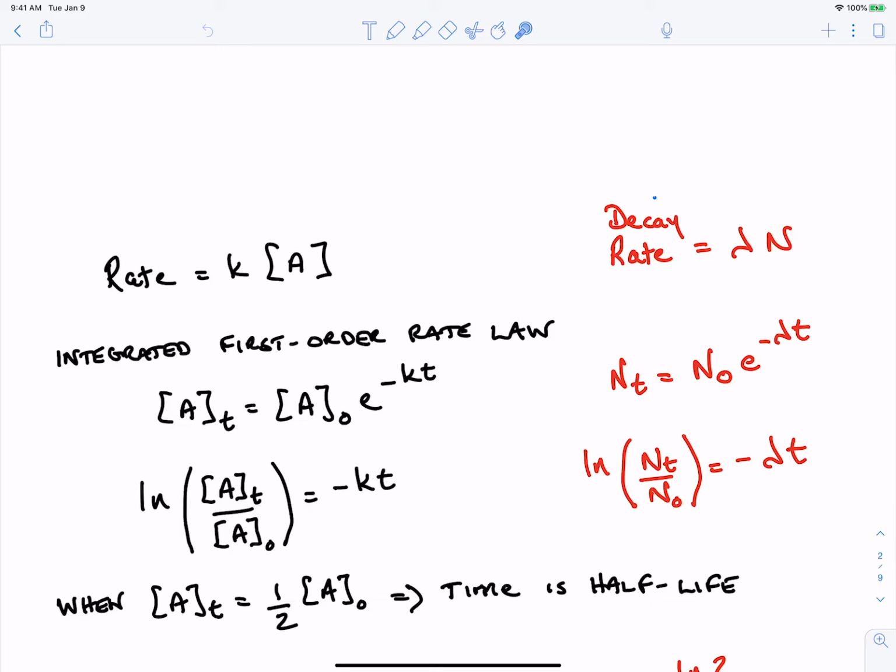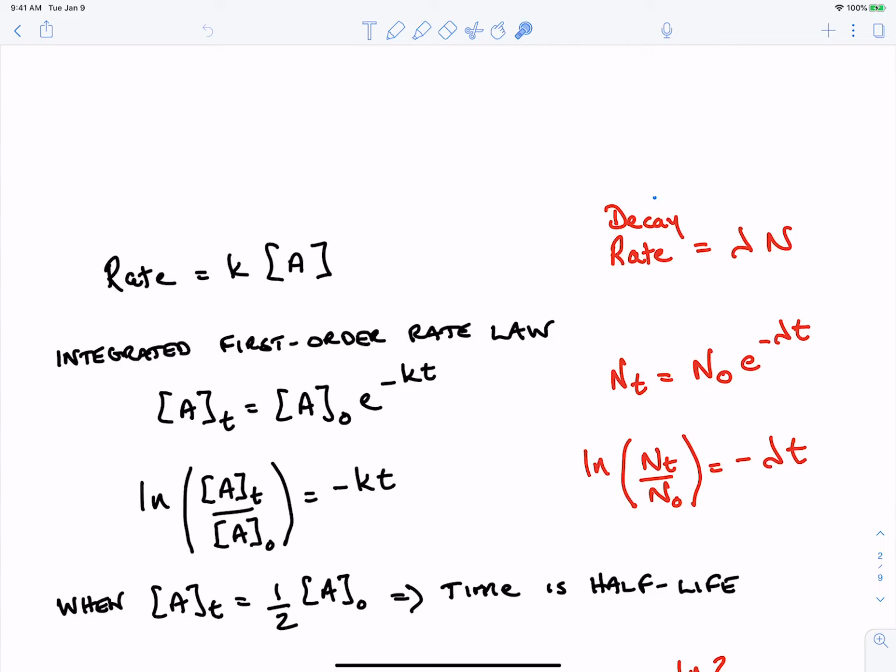So here rate equals k times the concentration of A; decay rate is equal to lambda, which is the same as k, times the number of particles, or the number of nuclei. If we look at the integration of these, the number of nuclei at time t is equal to the number of initial nuclei multiplied by e to the minus lambda t, same as this expression.